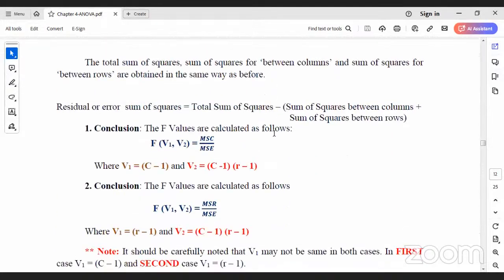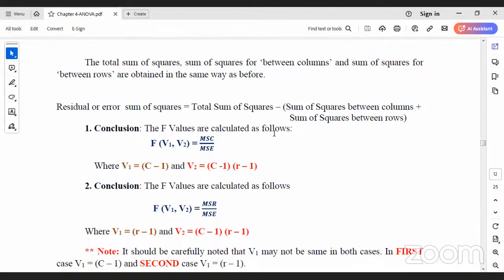The total sum of squares, sum of squares between columns and sum of squares between rows are obtained in the same way as before. The residual or error sum of squares is equal to the total sum of squares minus the sum of squares between columns plus the sum of squares between rows.